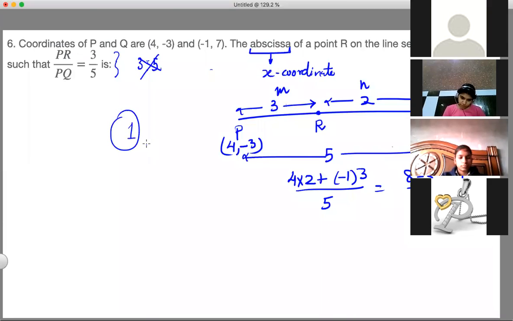Only 1 is the answer. Okay, very good. You figured out the trap. That is the only thing in this question.